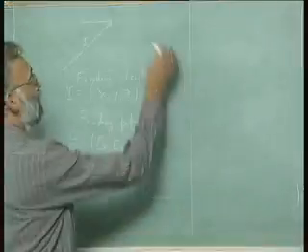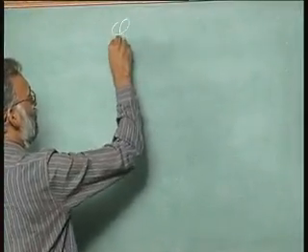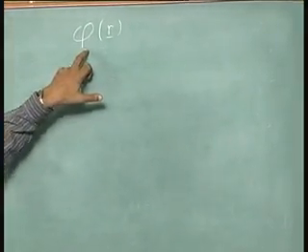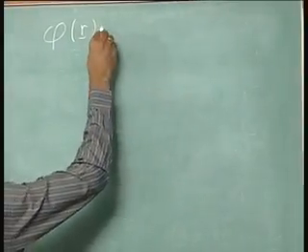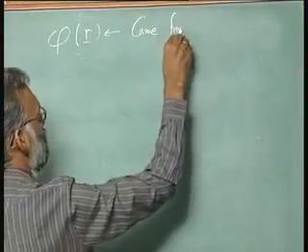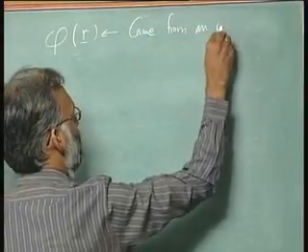First things first, if I have got an electric potential phi of r, this is a scalar field. It means there are numbers associated with every position. This electric potential came from an integral.